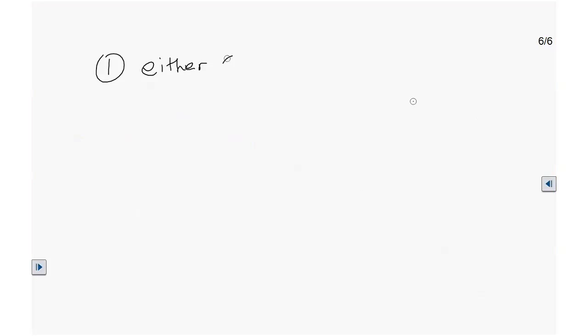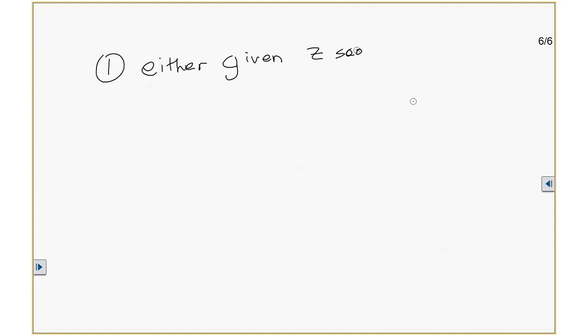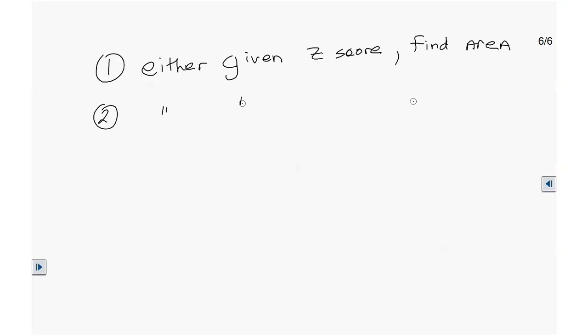One, you're either going to be given a z-score, and you find the area, or you're either going to be given the area, and you find the z-score.